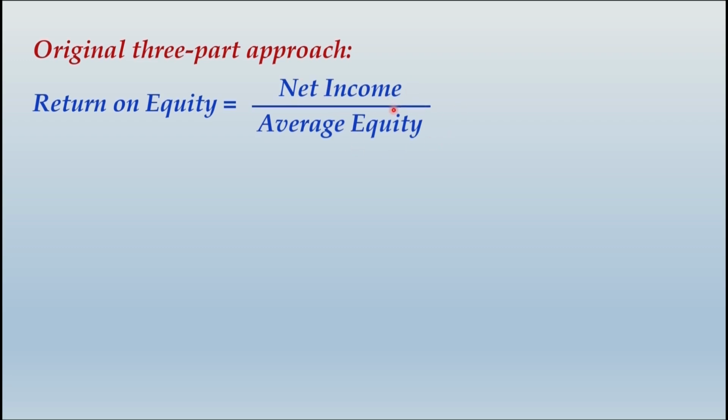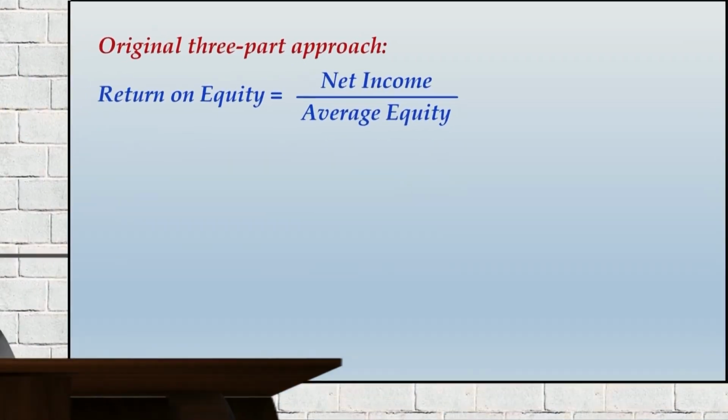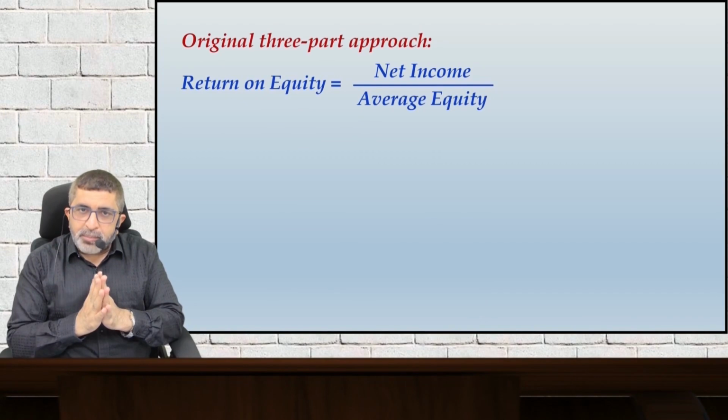So net income is basically the net profit after tax, and this is the average shareholders funds, means shareholders funds at the beginning and shareholders funds at the end, average of the two. So when you are determining this particular ratio, return on equity, what does this resemble?